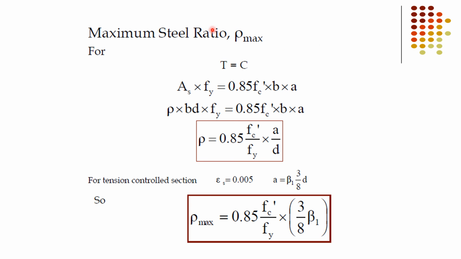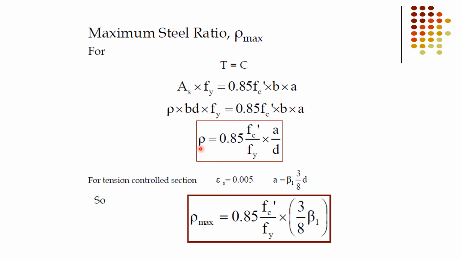Now maximum steel ratio. For maximum steel ratio, we want the steel to yield. T is equal to C, As multiplied by Fy, meaning yielding of steel, which is desirable, equal to 0.85 Fc prime into b into a. Put As as rho into bd, b will cancel out, and then the remaining rho will be here.